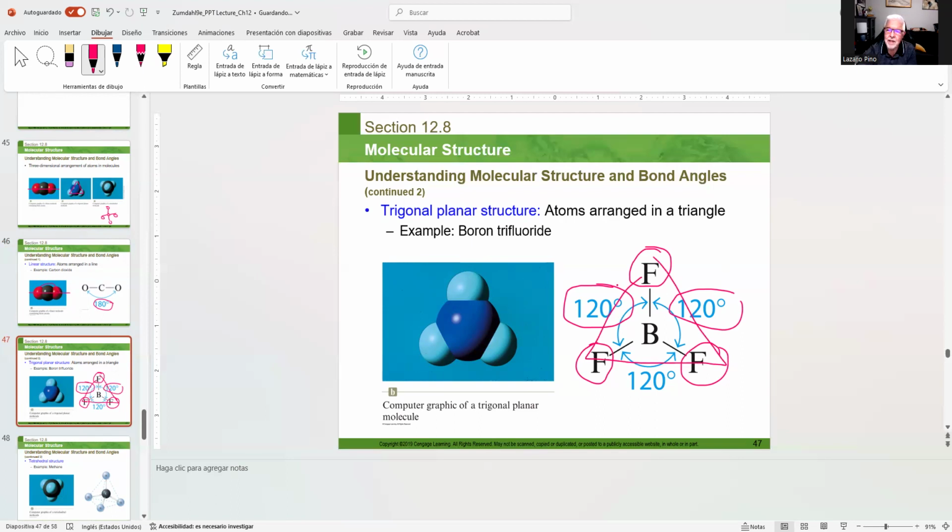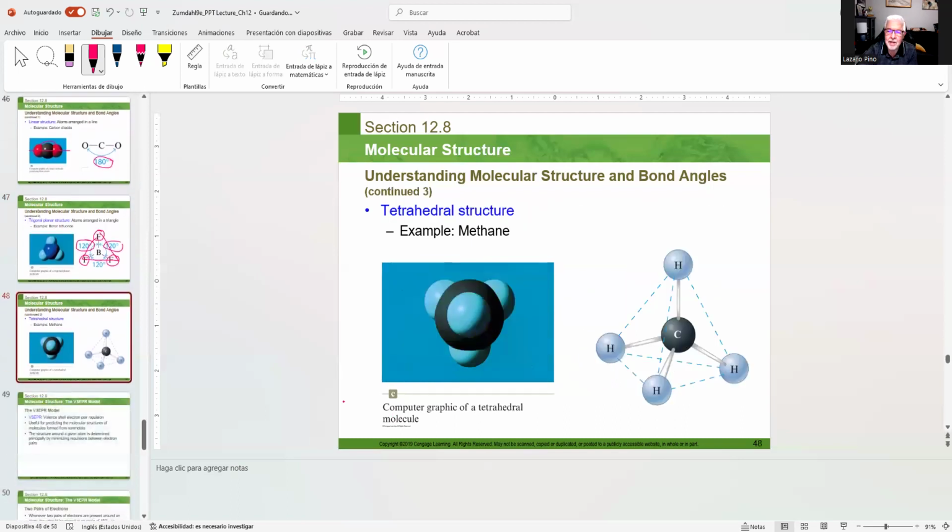All the atoms are in the same plane. And for the tetrahedral structure, well, the angle that makes possible the lowest repulsion is this one.